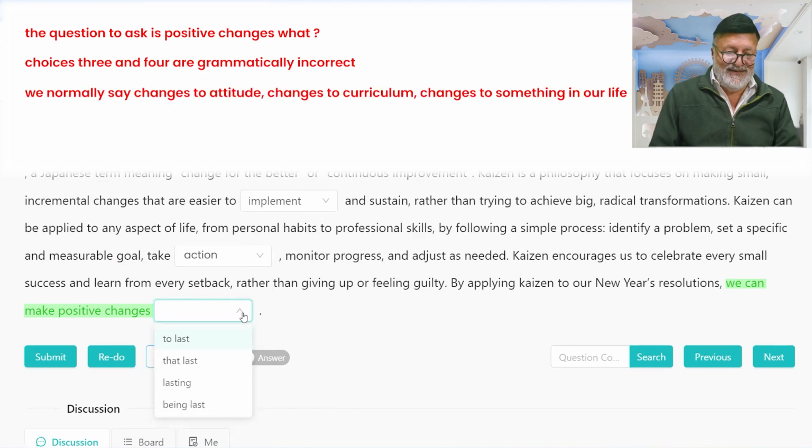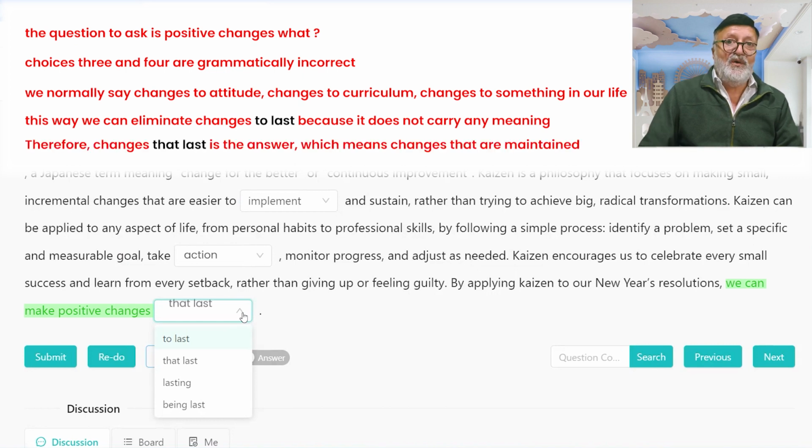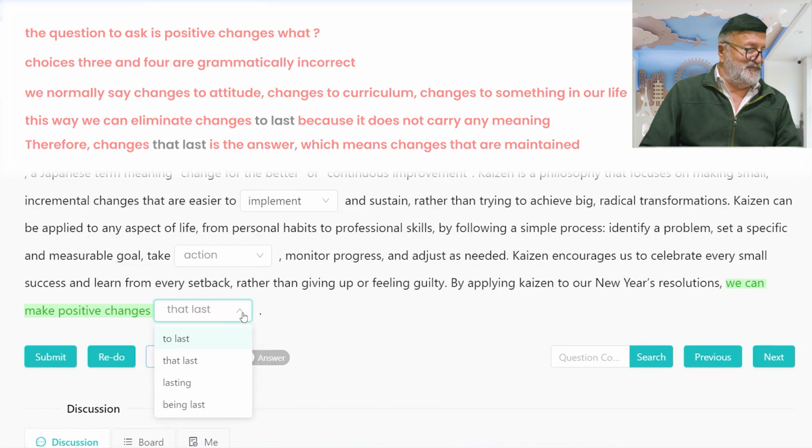For choice 1, we normally say changes to attitude, changes to curriculum, changes to something in life. This way, we cannot say changes to last because it does not carry any meaning. Therefore, changes that last is the answer, which means changes that are maintained.